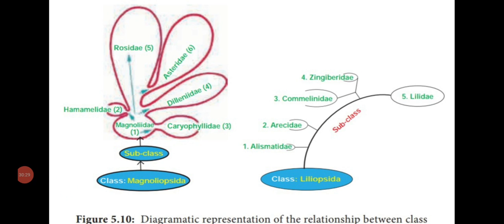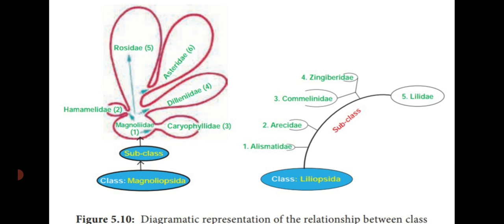Dear students, this is another phylogenetic system of classification proposed by Cronquist. He has divided the plant kingdom into 2 classes: Magnoliopsida or dicotyledon, and class Liliopsida or monocotyledon. They consist of different subclasses.